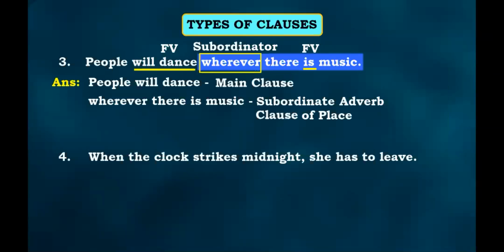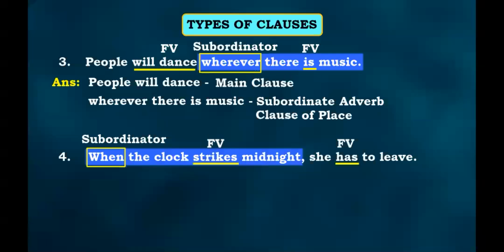These are the two finite verbs. Which is the subordinator here? Very good. When. Since the subordinator is at the beginning, the subordinate clause will begin from the word when. So when the clock strikes midnight is your subordinate clause. She has to leave is your main clause. Easy?